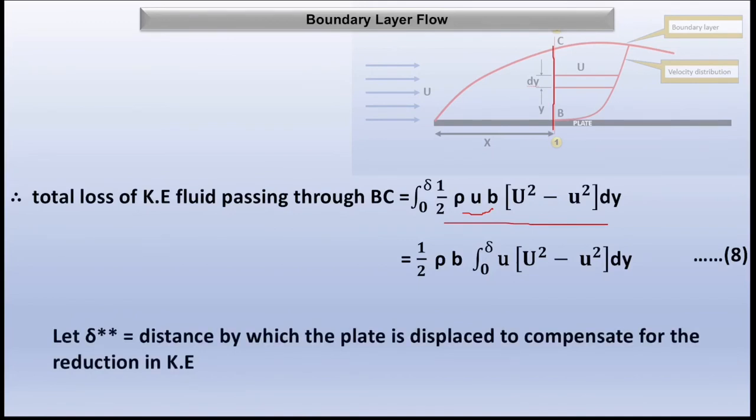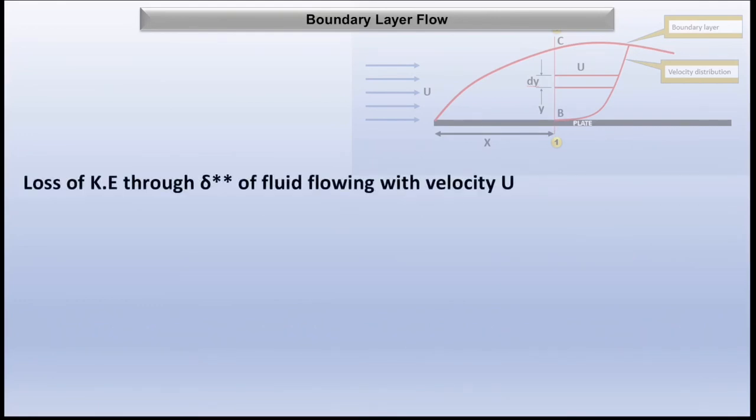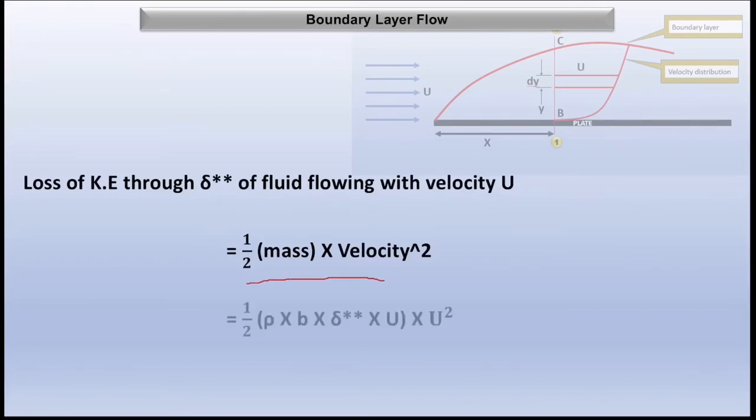Now consider delta double star as the distance by which the plate is displaced to compensate for the reduction in kinetic energy. So the loss of kinetic energy through delta double star of the fluid flowing with the velocity U we are going to calculate from the equation 1 by 2 mass into velocity square.